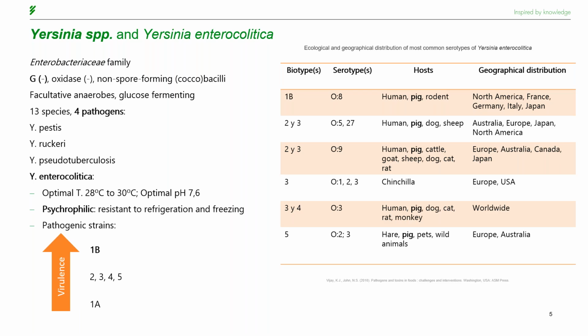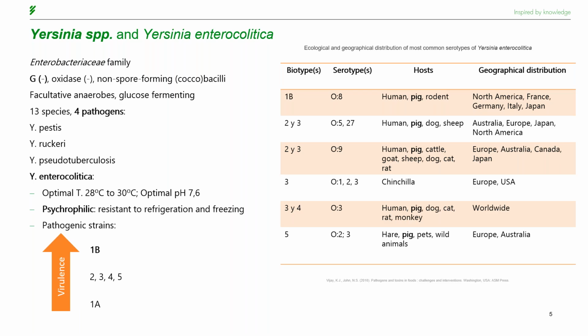So given it's a member of the Enterobacteriaceae family, Yersinia is a gram-negative bacteria, oxidase negative. They are non-spore forming bacilli and facultative anaerobes that ferment glucose. All of this information is important for its survival, as we will see later on.